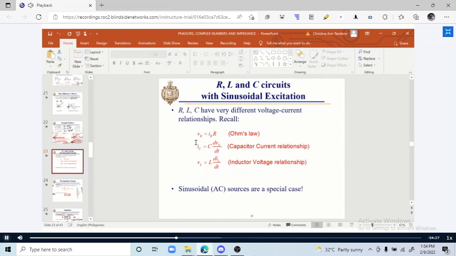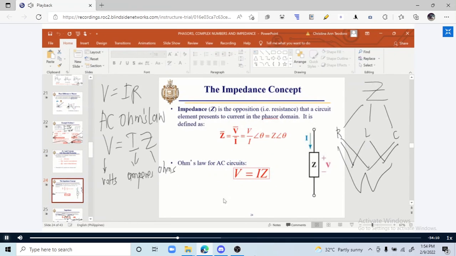Then we can also evaluate the inductor voltage relationship by getting the voltage across an inductor by multiplying inductance by the derivative of the current across the inductor with respect to time. Okay? So these are the three necessary formulas that you need to remember.